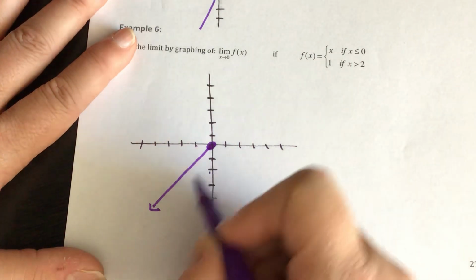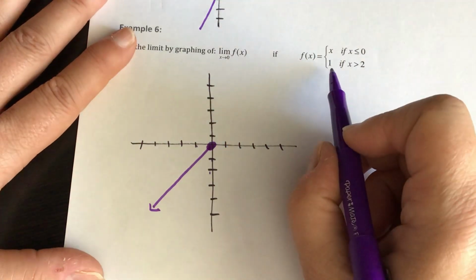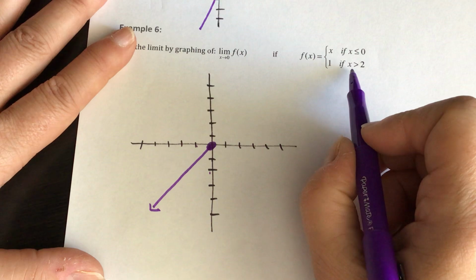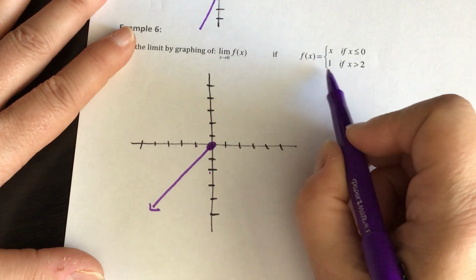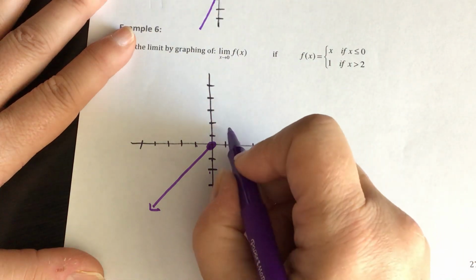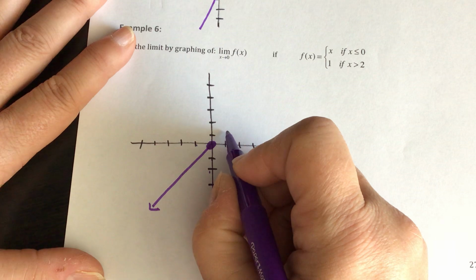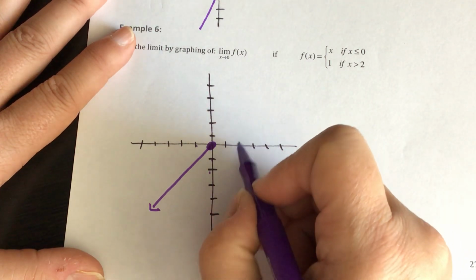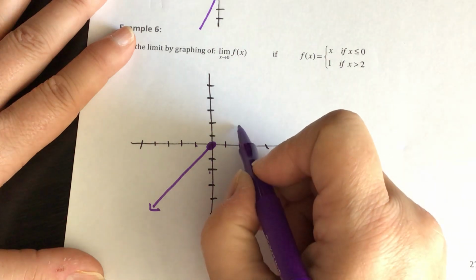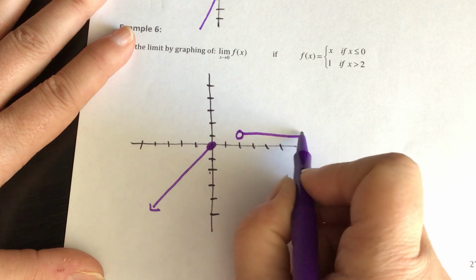This is the y equals x line. Then if x is greater than 2, the value is going to be 1. So this is just going to be a horizontal line at 1. It's going to start here at 2, open circle, and go this way.